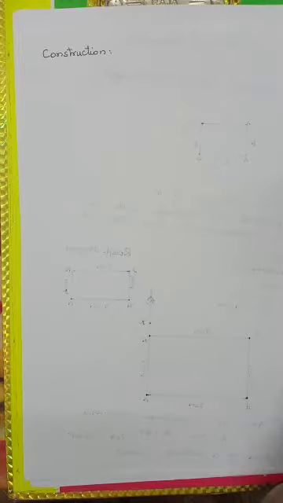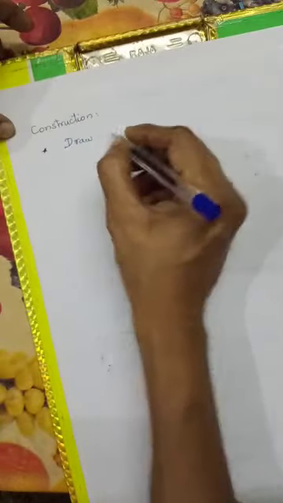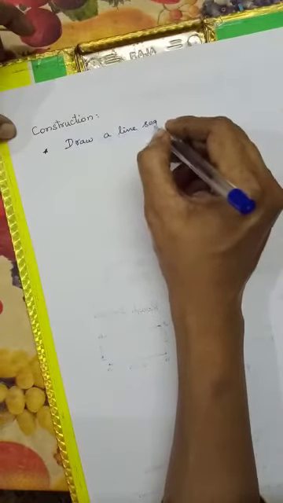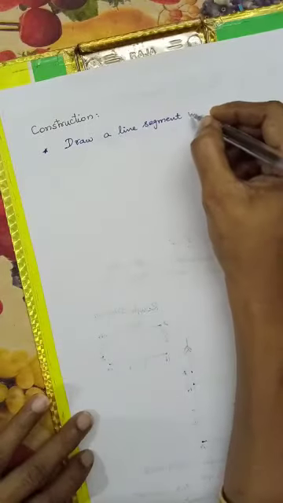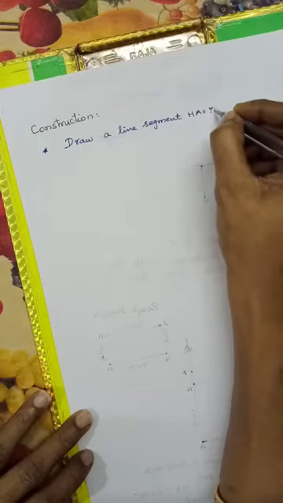Now we shall write the construction for this diagram. First, draw a line segment HA is equal to 7 centimeter.